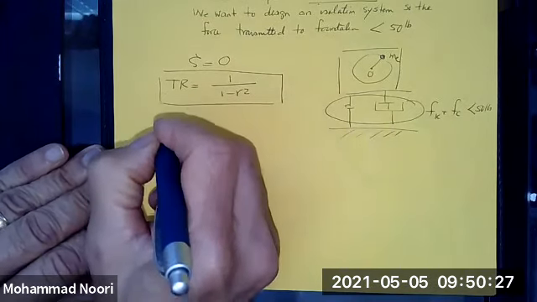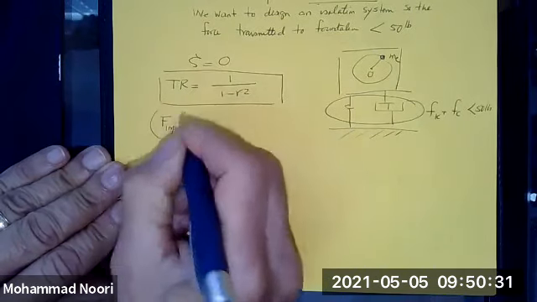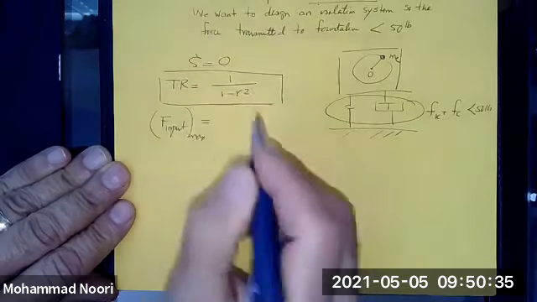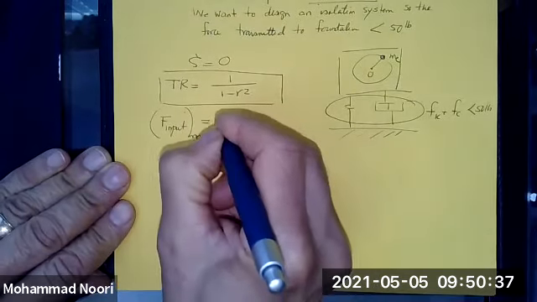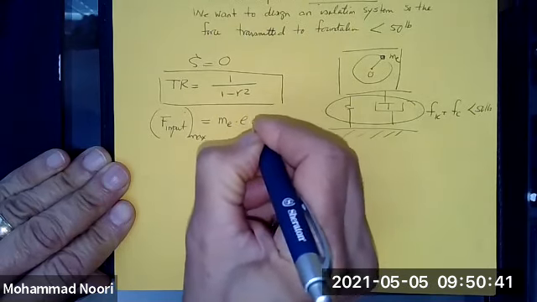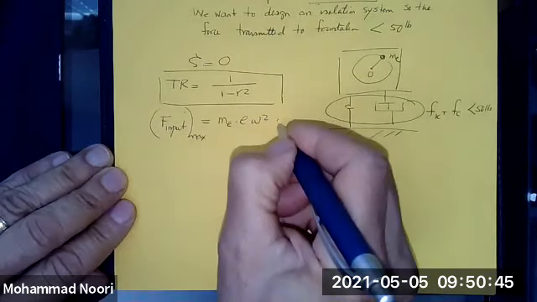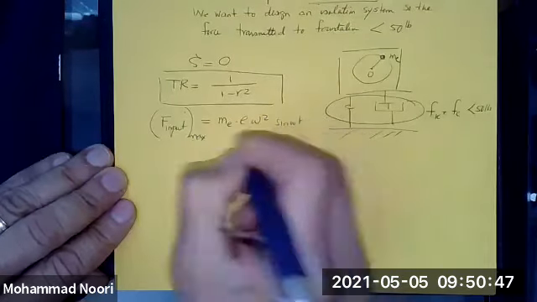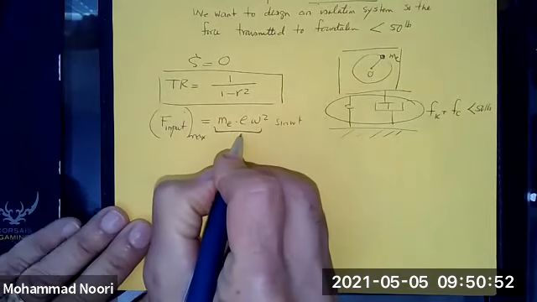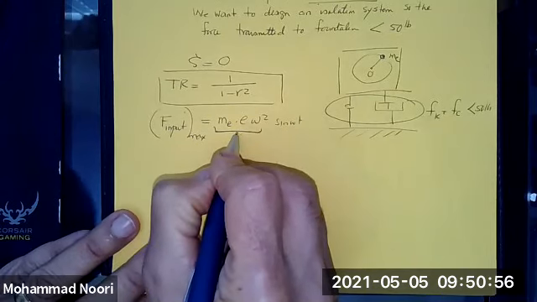So what is the maximum input force? We remember from the discussion on rotating unbalance that the amplitude of the forcing function is this. So this is the maximum force input or applied to the system.